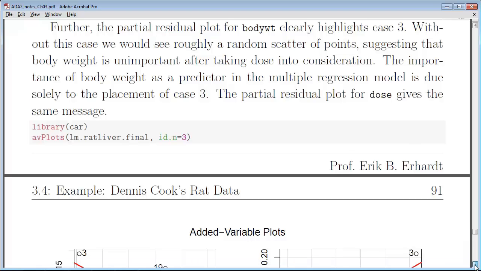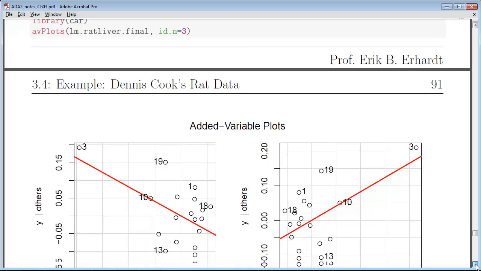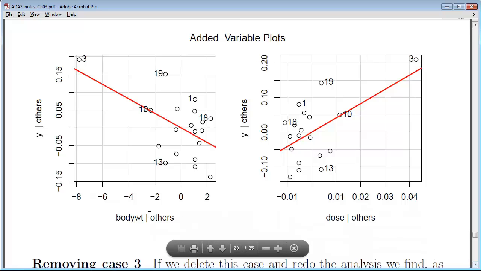The next step is to look at the added variable plots. On the left-hand side, we've got the relationship after controlling for dose. The others here refers to the dose variable. If you regress the response variable y on dose and look at the residuals, that's the y-axis here.